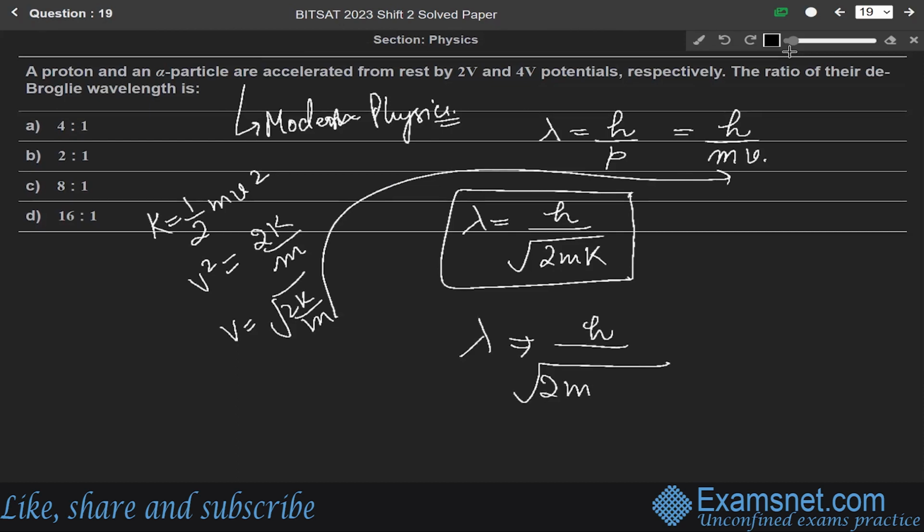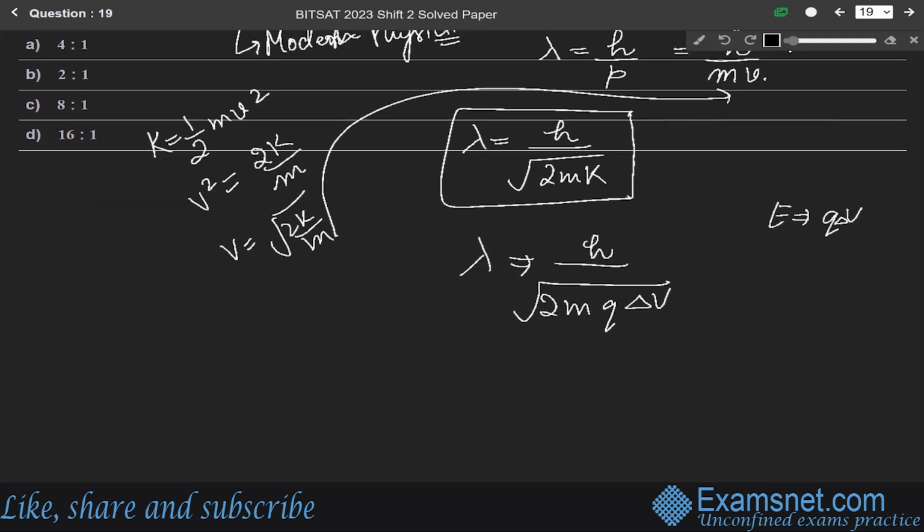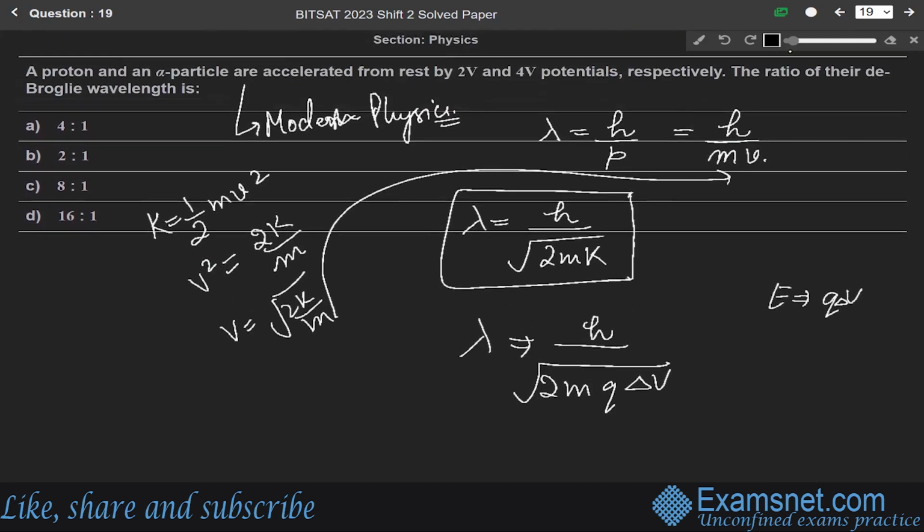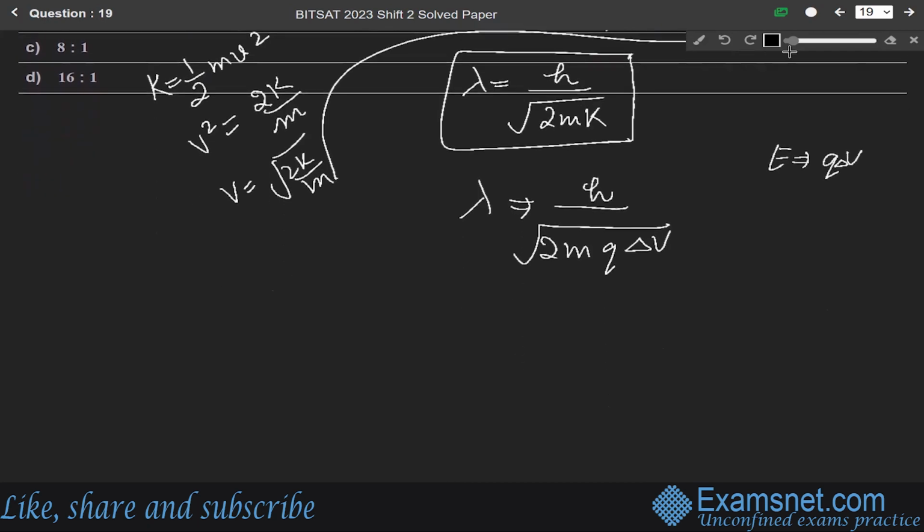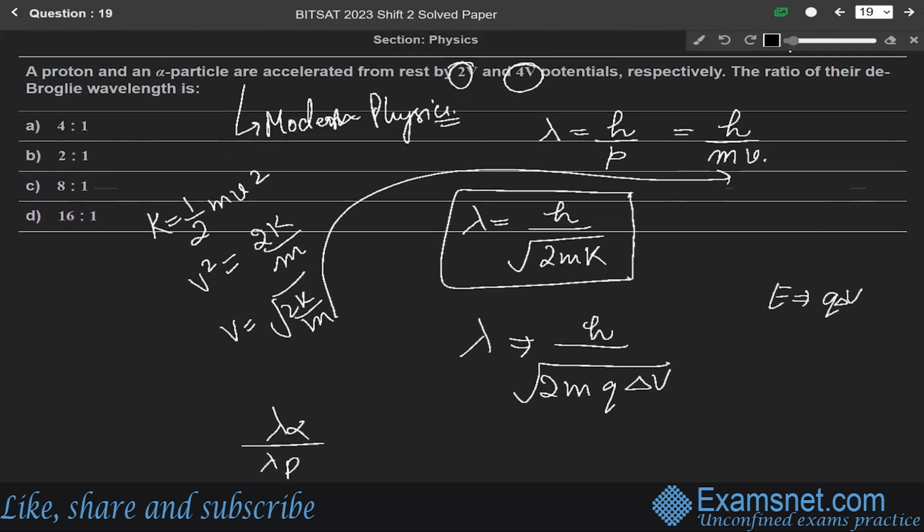Since K is the energy itself, and we know that energy equals charge into potential ΔV, we can write in place of kinetic energy qΔV. So the ratio of the two particles, alpha particle and the proton, where the potentials are given, we can write λ of alpha particle over λ of proton.